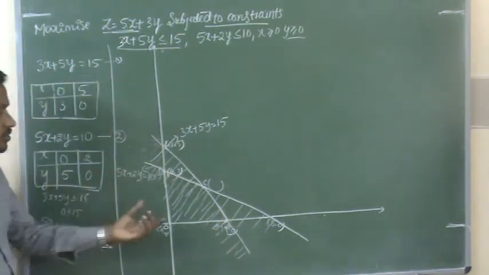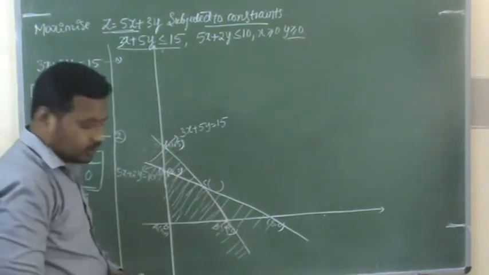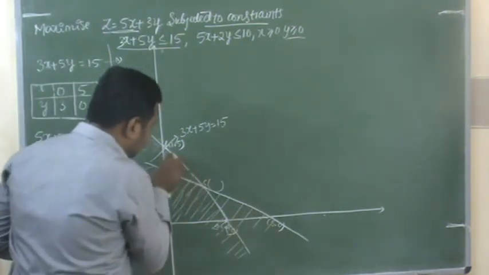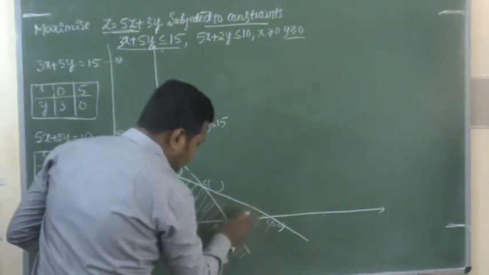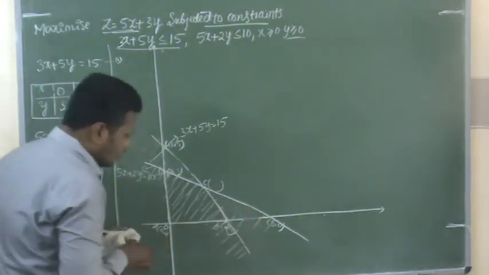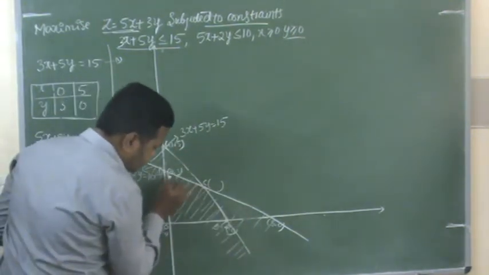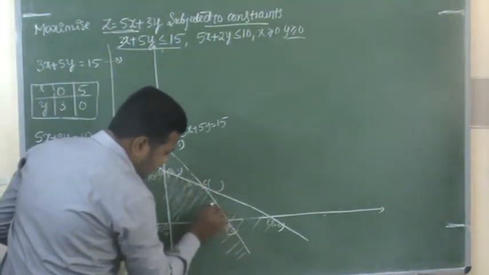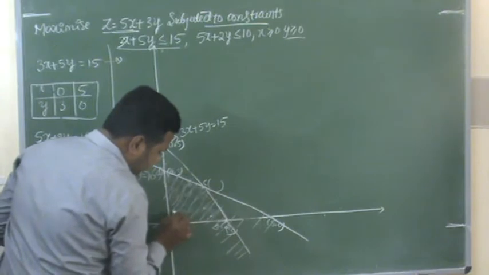Okay, so we have to solve for the C point. The corner points of this feasible region, the shaded region. This area is the feasible region.